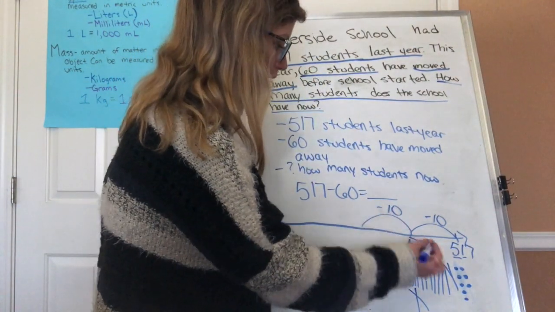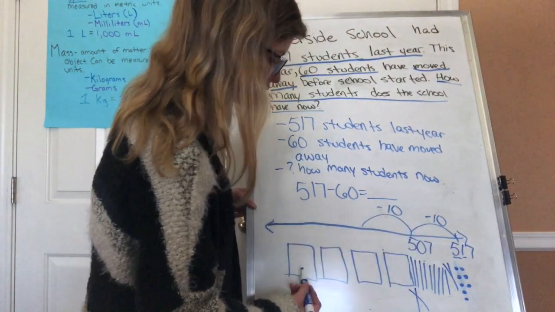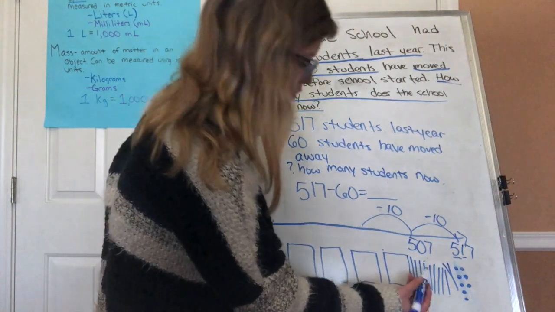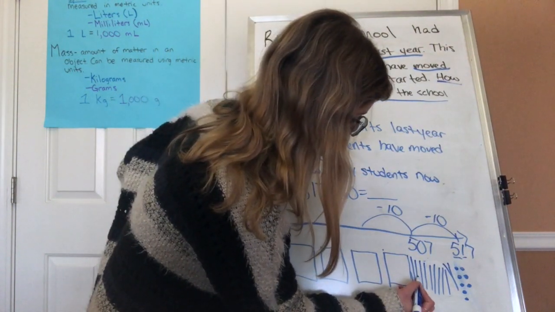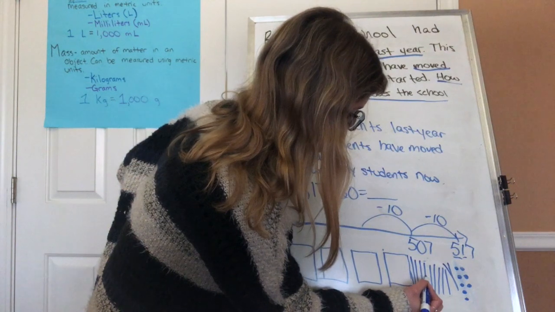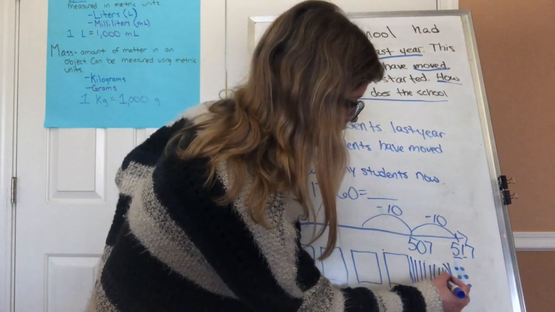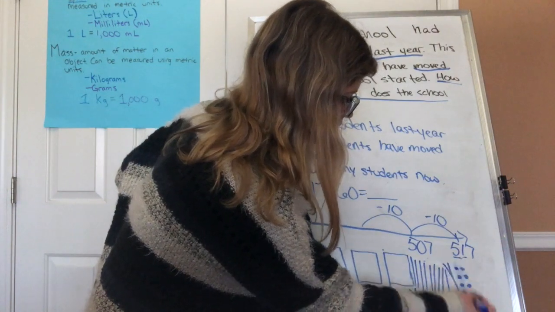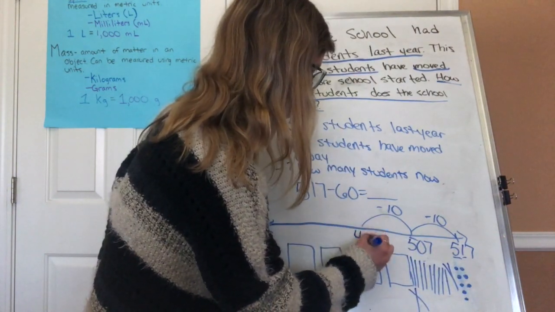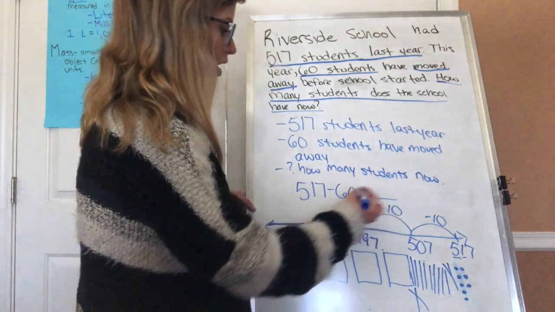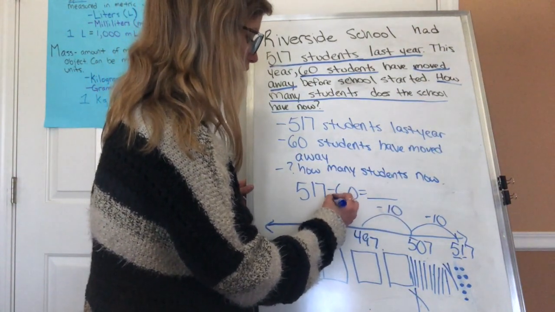So now I took away 2 tens, so I have 400, 410, 420, 430, 440, 450, 460, 470, 480, 490, 497. So now I already took away 20.